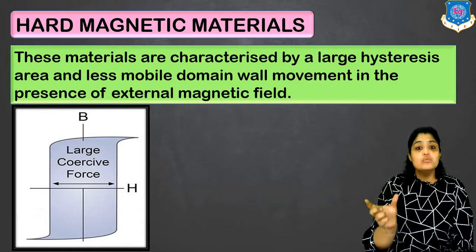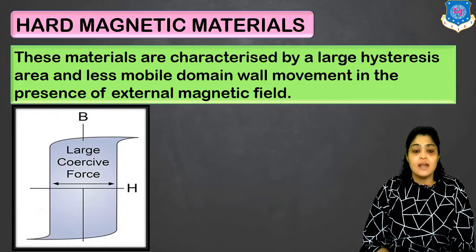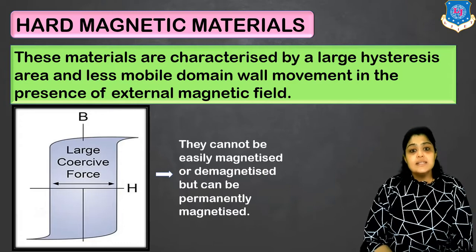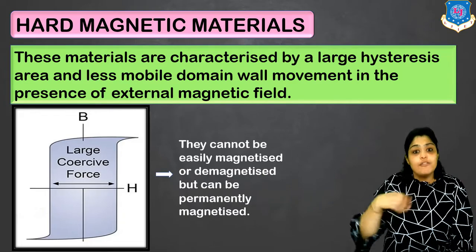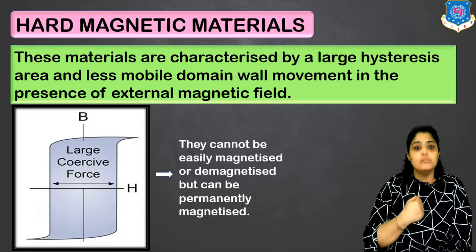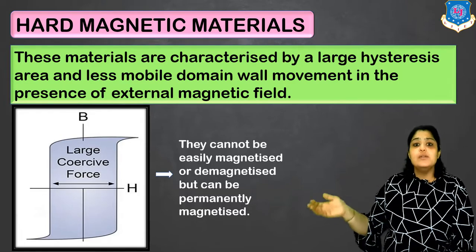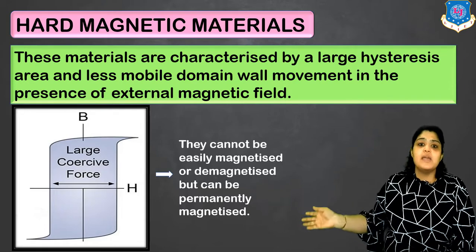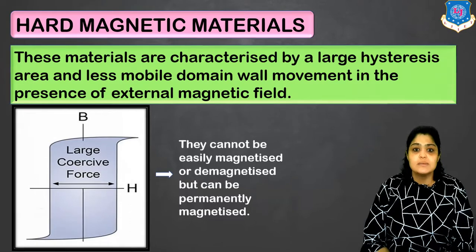They have a very large hysteresis area, so obviously they'll have more hysteresis loss. They are difficult to magnetize because of less mobile domain wall movement, and difficult to demagnetize also. But once you have magnetized the material, it will behave as a permanent magnet.